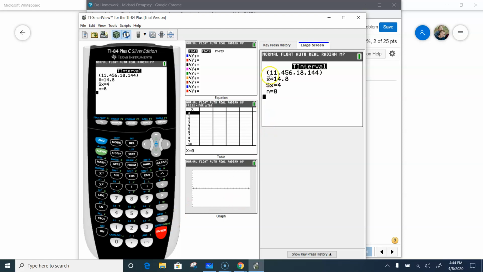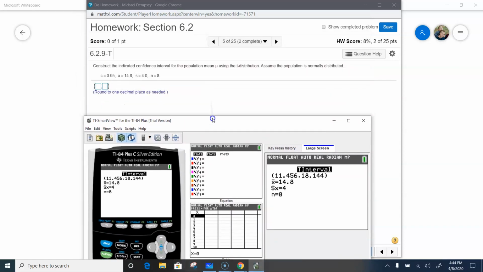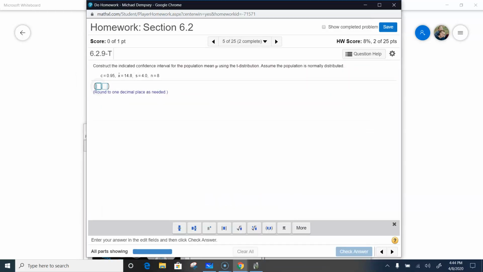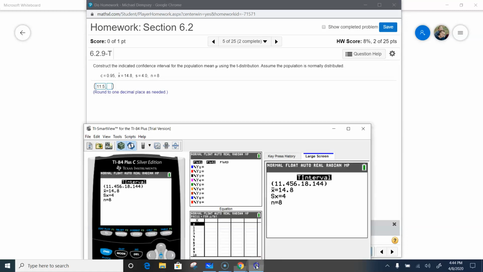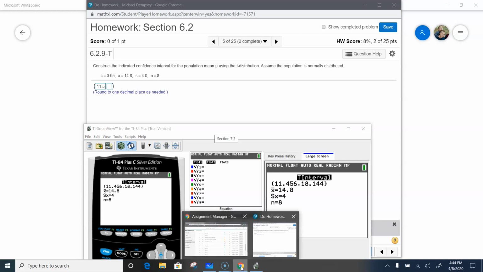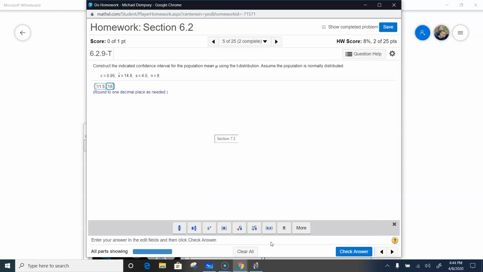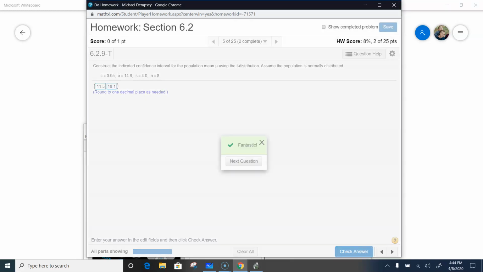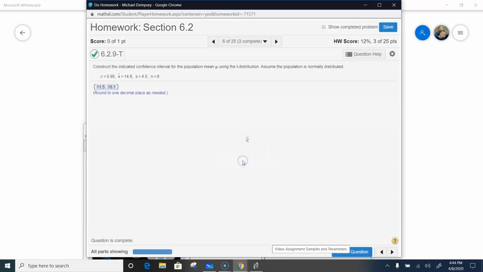Okay, so the calculator does all the heavy lifting for us. I get 11.456. So to 1 decimal place, that would be 11.5, right? And up to 18.1 to 1 decimal place. Okay, and we're good to go on that one.